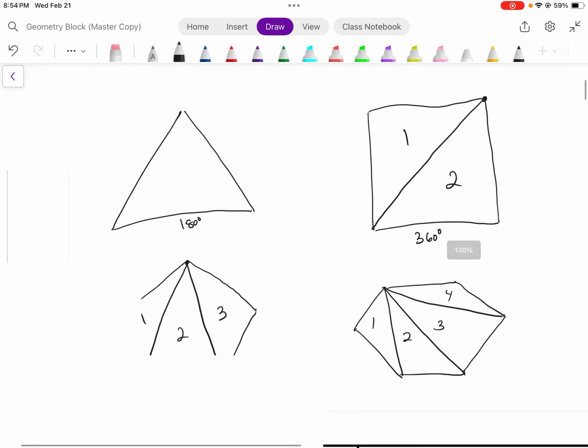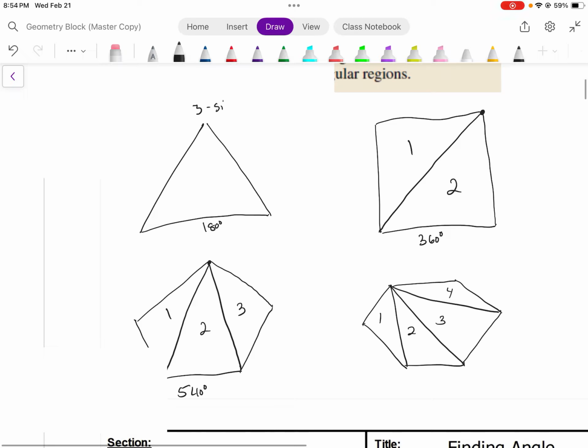Hopefully you noticed up here, 3 sides forms 1 triangle. 4 sides, 2 triangles. 5 sides, 3 triangles. 6 sides, 4 triangles. It's always 2 less triangles than the number of sides. So that's why we do the n minus 2 and then multiply it by 180, because 180 is the interior sum of a triangle. So again, number of triangles, that's what my n minus 2 is.